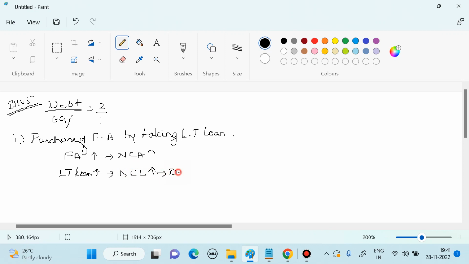So this is a debt. This has an effect of increasing the numerator with no change in the denominator. So when the numerator increases without a change in the denominator, what happens to the ratio? The ratio improves or increases. Got it?